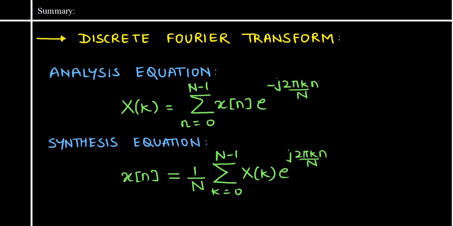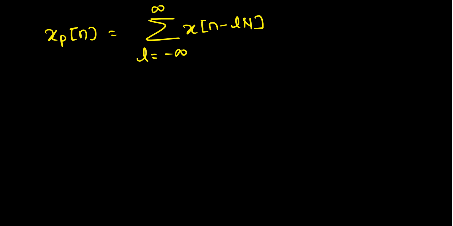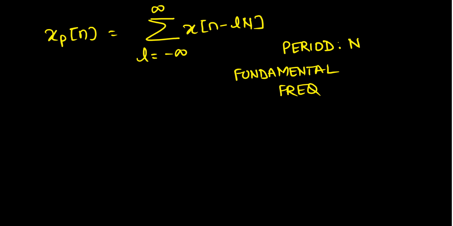So we know that we have this xp of n, which is given as summation L running from minus infinity to infinity x of n minus ln, and this is periodic with period n, and its fundamental frequency is omega naught, which can be calculated as 2 pi by n.